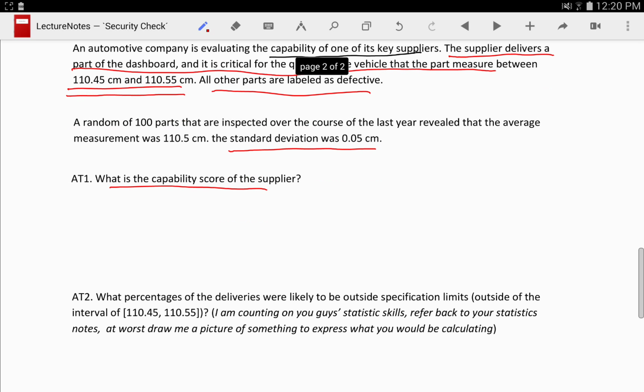The standard deviation of the production is 0.05. Well, CP is defined as upper specification limit minus lower specification limit divided by 6 sigma, where sigma means standard deviation.